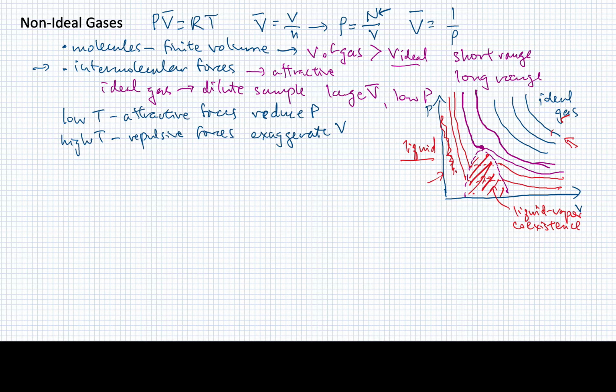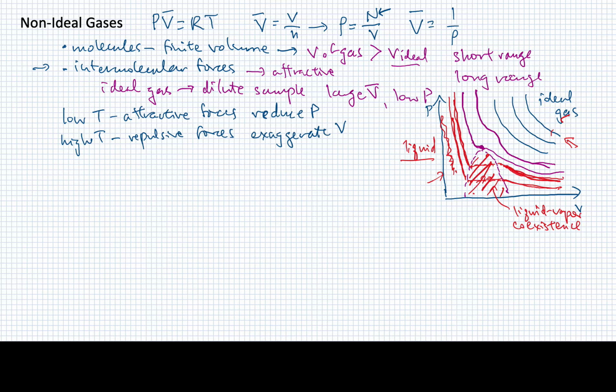The fact that we're drawing a horizontal line here is really just a construct for us so that we can connect up the two parts of the isotherms that exist over here, which look very gaseous, and the isotherms over here that are very much in a liquid state.